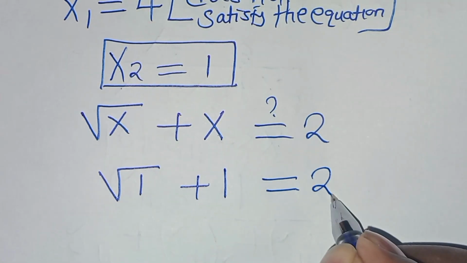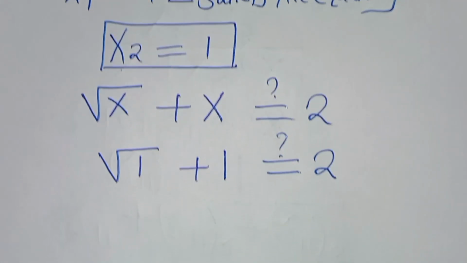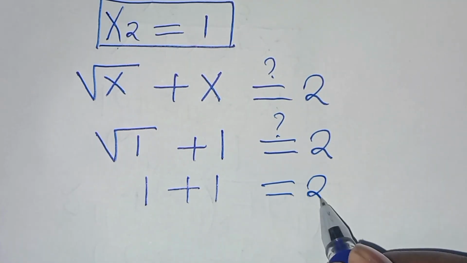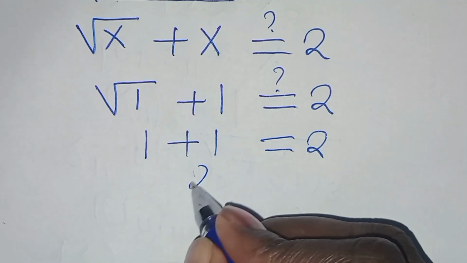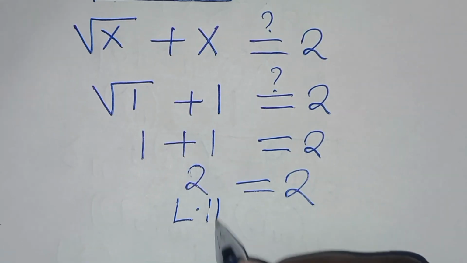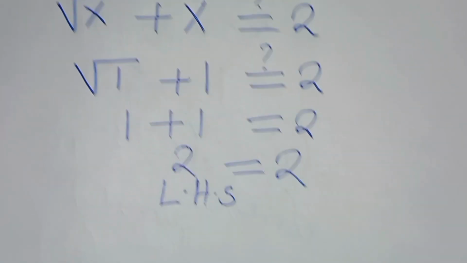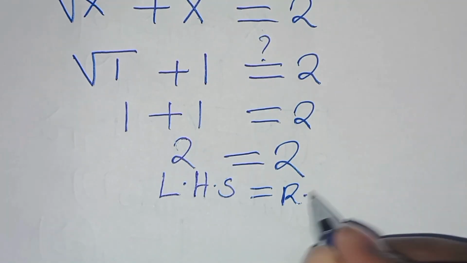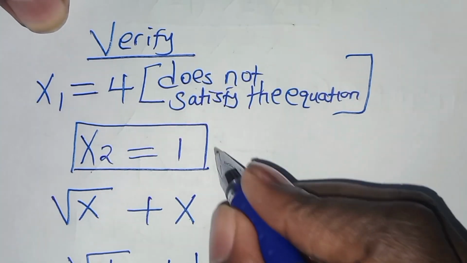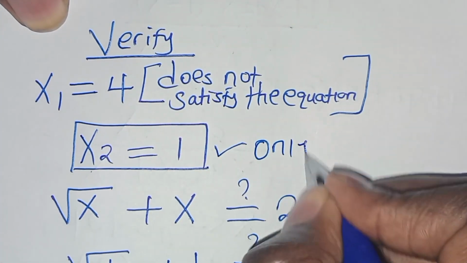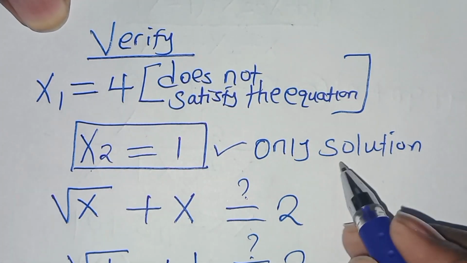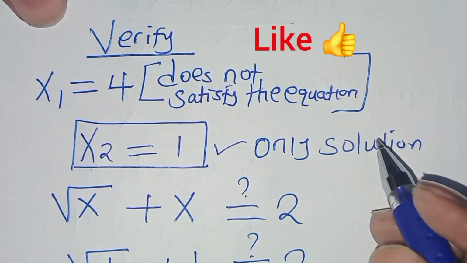The square root of 1 is 1, plus 1 is equal to 2, which is equal to 2. So the left hand side is equal to the right hand side. This implies that x2, equal to 1, is the only solution to this algebra problem.